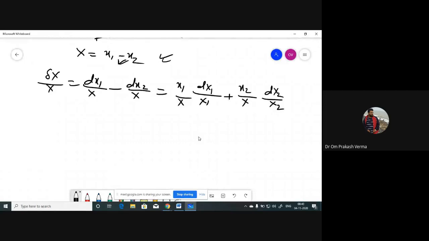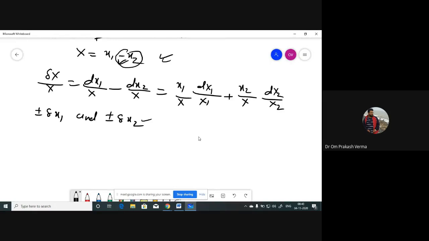So if the errors in x1 and x2 are, let's say, plus minus delta x1 and plus minus delta x2. x1 में मान लिया हमने कि plus minus delta x1 limiting error है maximum, and similarly in x2 you can write respectively. The sign may be interpreted to give the worst possible discrepancy, right? So it doesn't matter that minus x2 is there, इससे कोई मतलब नहीं है.